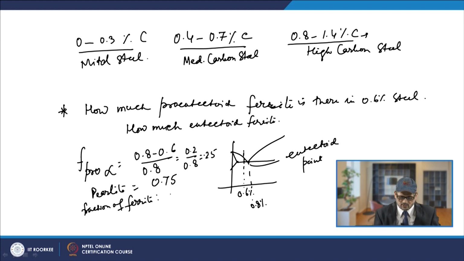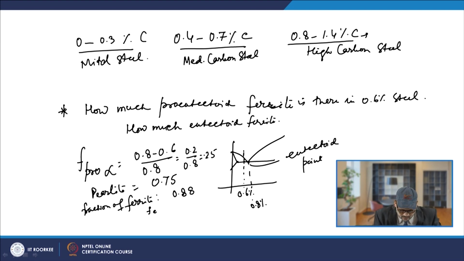Its ratio is about 0.88. So the eutectoid ferrite which is formed will be 88% of 0.75.